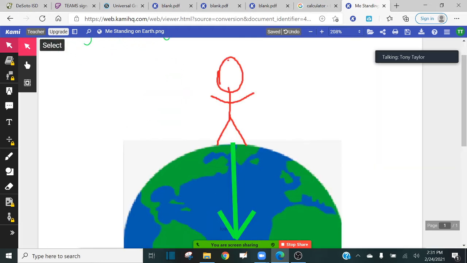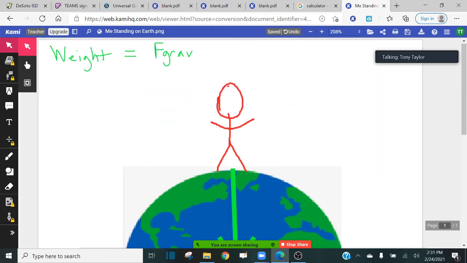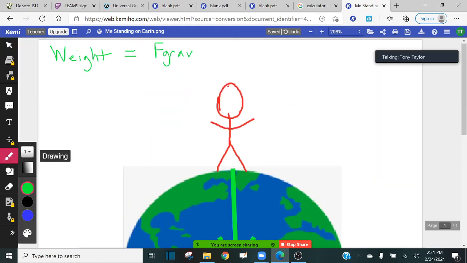And guys, if I want to know my weight here on Earth, I would just calculate the force of gravity here on Earth. And remember, the equation for the force of gravity here on Earth is mass times 9.8.